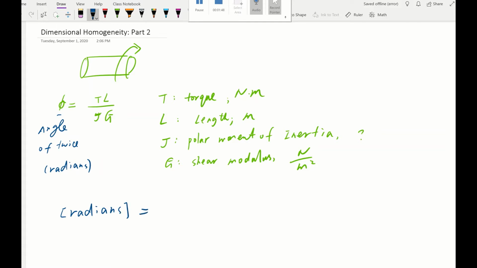So that's my left-hand side. On the right-hand side, I have torque, that's Newton meter, and L, the length, in meters. J is something we're solving for. Then G is the shear modulus, Newton per meter square.